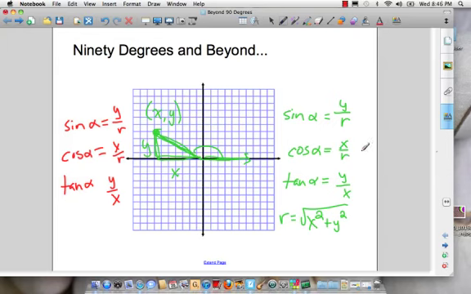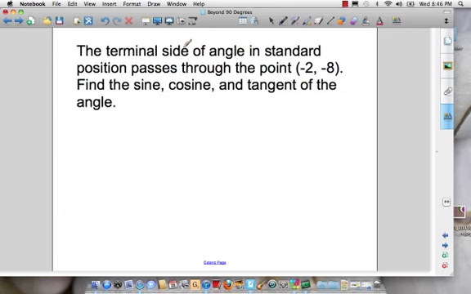Alright, that's how we define sine, cosine, and tangent for angles bigger than 90 degrees. I'm now going to show you what your homework problems will ask you to do. So you're going to be given problems like this. The terminal side of an angle in standard position passes through -2, -8. I'm going to show you how to find the trig values for that angle. So first, it's kind of useful to draw a picture just to think about what we're saying here.